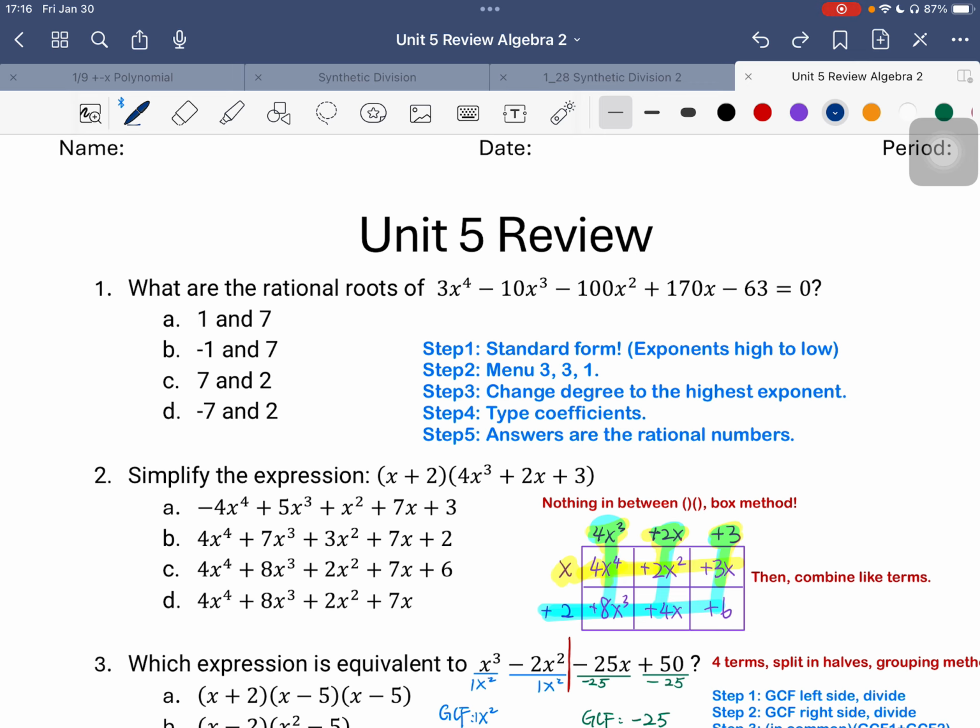For rational roots, rational means, for this unit, whole numbers and fractions.